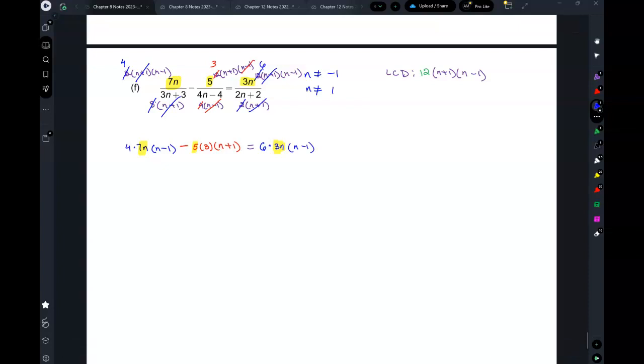So it's so important, A, to have neat writing, B, to just keep things in order so you don't lose track of numbers. Okay, so let's go. This one is going to give me 28n, n minus 1, minus 15, n plus 1, equal to 18n, n minus 1.